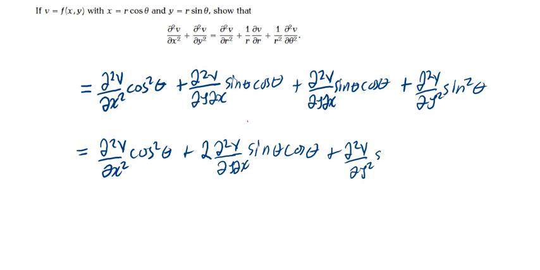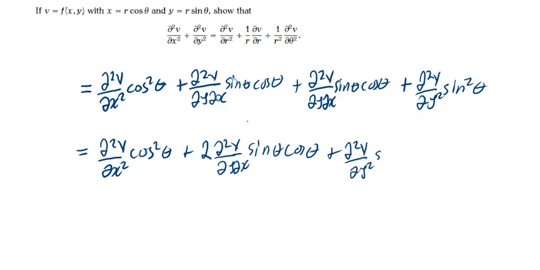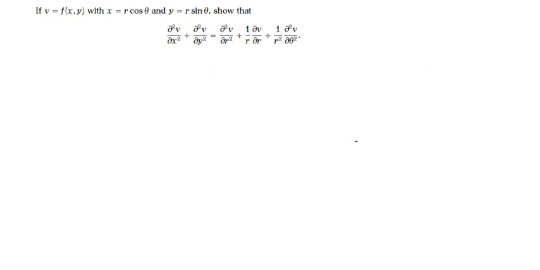We'll try to bring it back afterwards. Now we are trying to come up with the second partial. First of all, the partial of v with respect to theta.